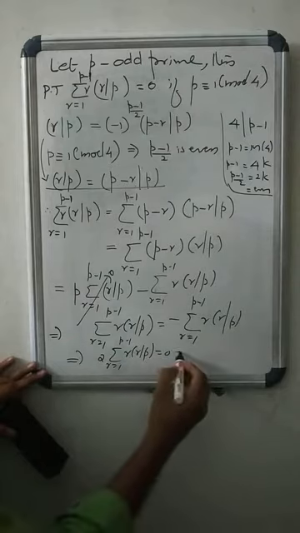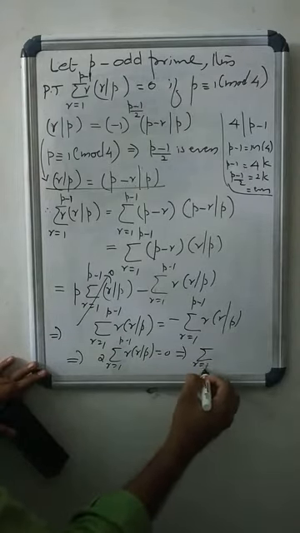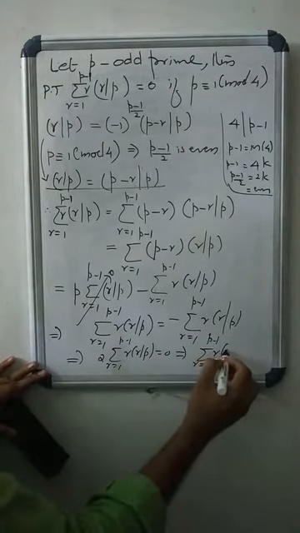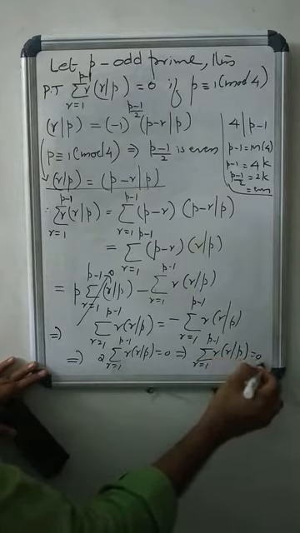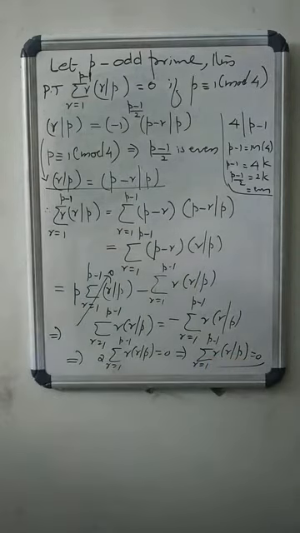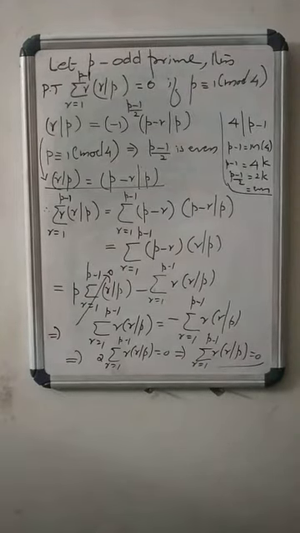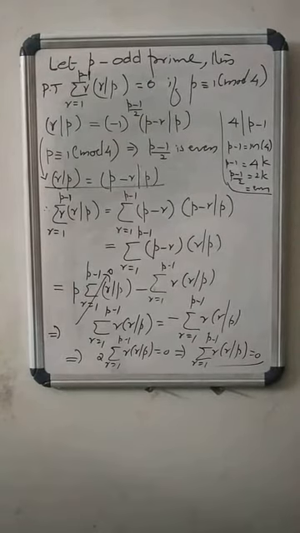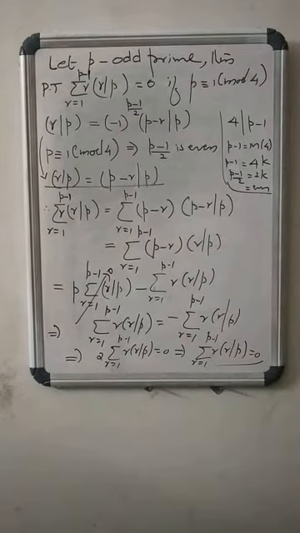So sigma r ranges from 1 to p minus 1, r into (r by p) equals 0. So for any odd prime p, the result is important: sigma r ranges from 1 to p minus 1, r into (r by p) is 0 if p is congruent to 1 mod 4.